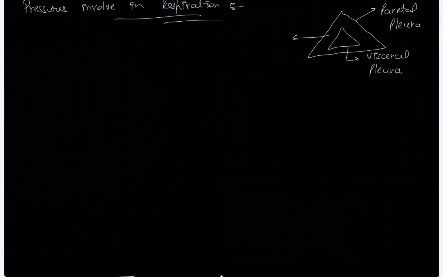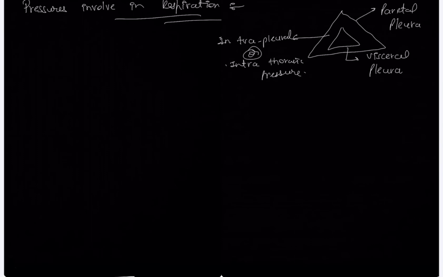In between the parietal pleura and visceral pleura we have a space, and we call it the intrapleural or intrathoracic pressure.